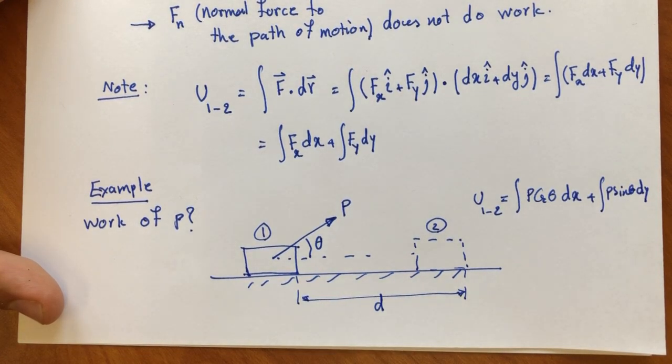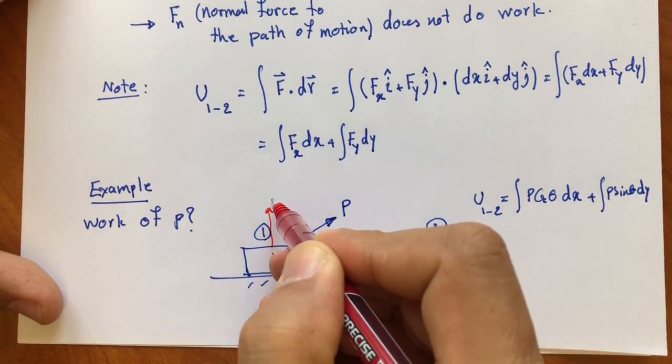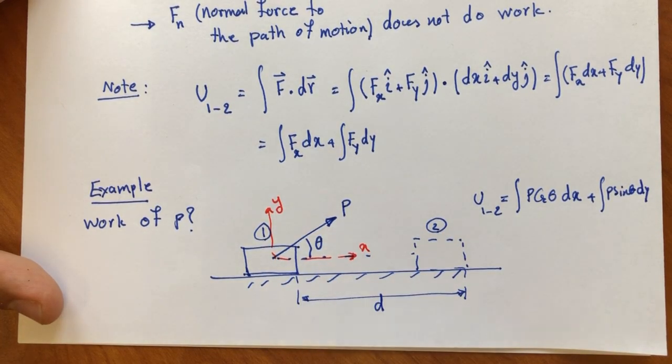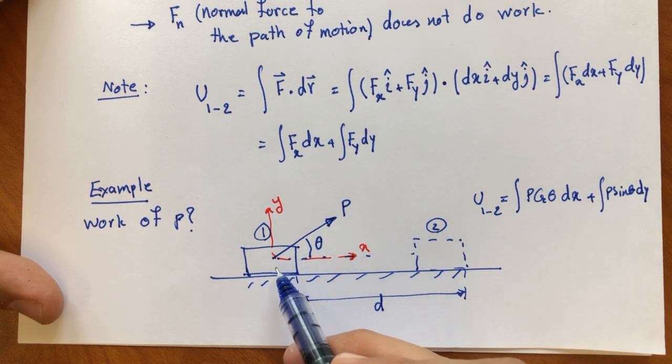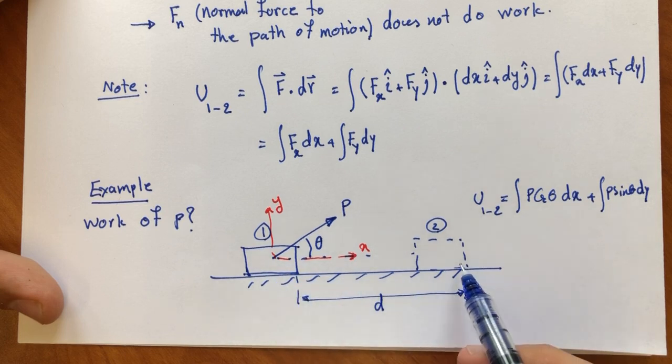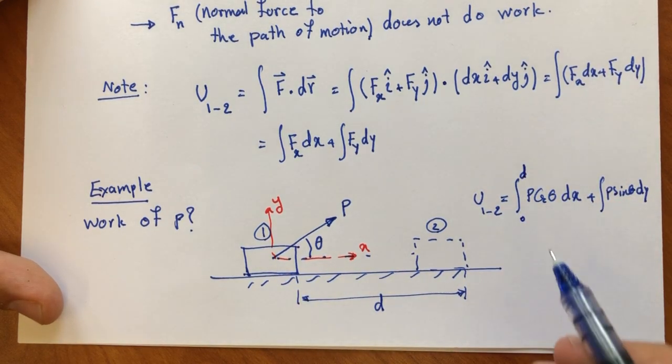So let's put the coordinate here. This is x and this is y. So during this movement, if x changes from 0 to d, the limits of this integral are going to be 0 and d.